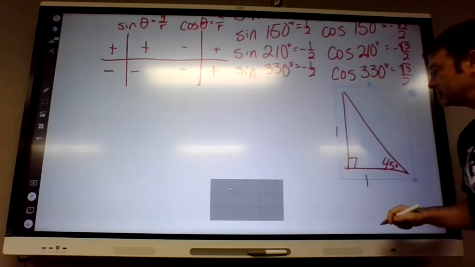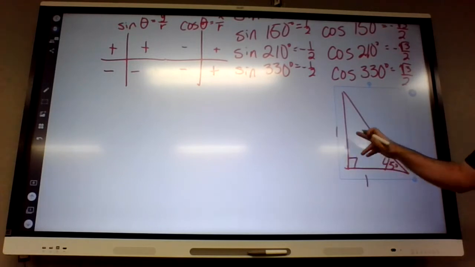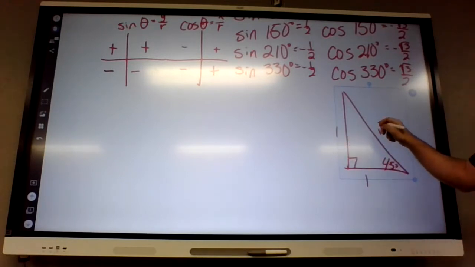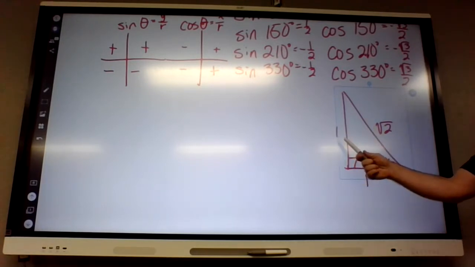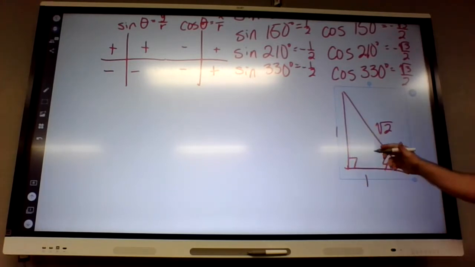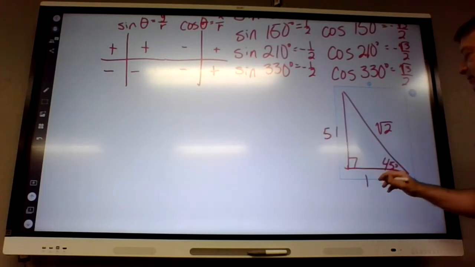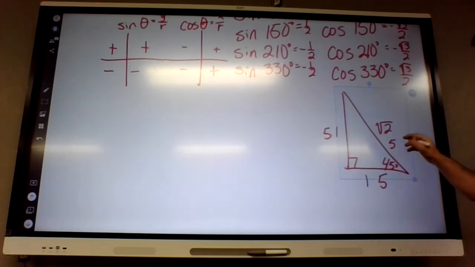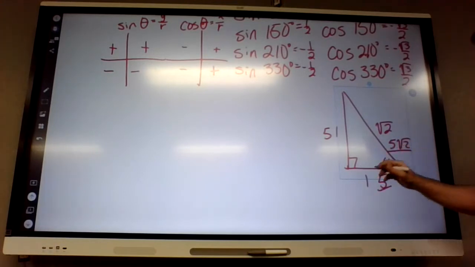So it's 1 to 1. The hypotenuse, if you forget, you could do Pythagorean theorem, but it's square root of 2. That doesn't mean that's how long they necessarily are, that just tells you the ratio. So their actual length might be like 5 and 5 and 5 times square root of 2. That's like an example.